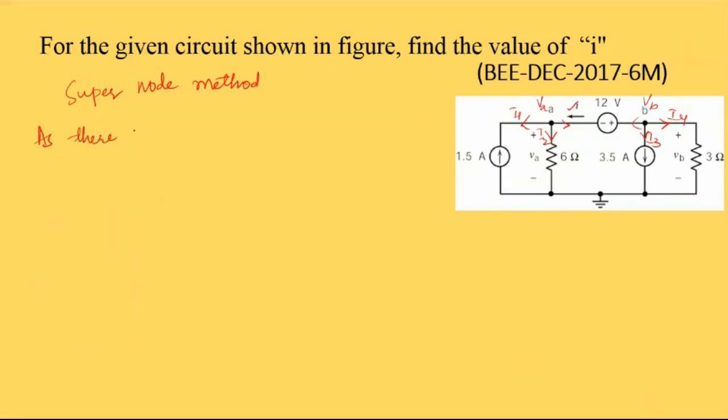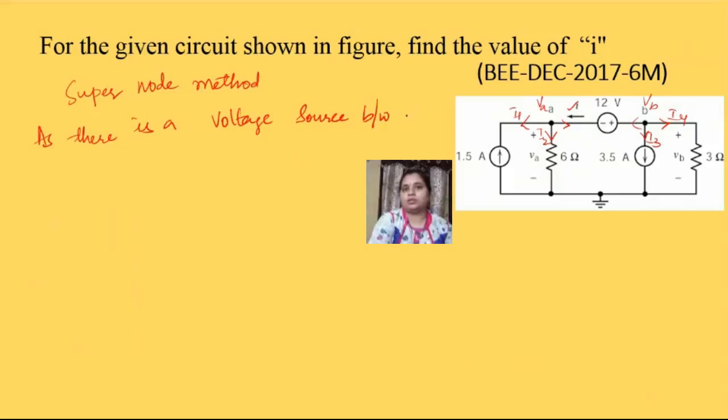As there is a voltage source between node A and B, we have to use the supernode method. How do we write the equation?